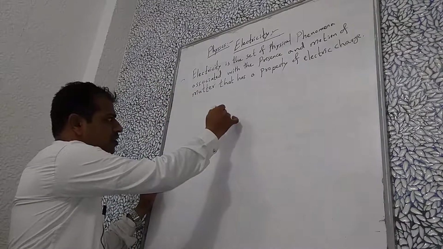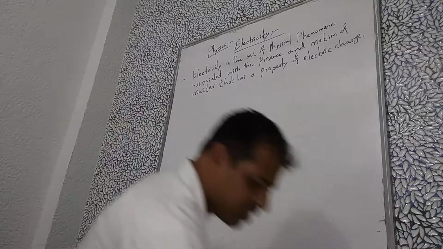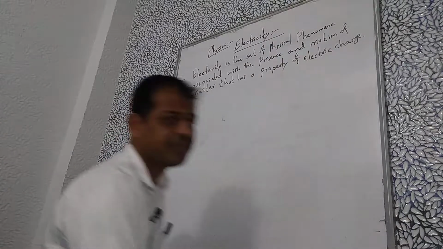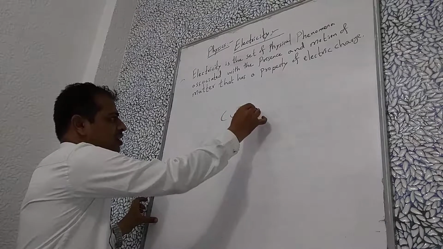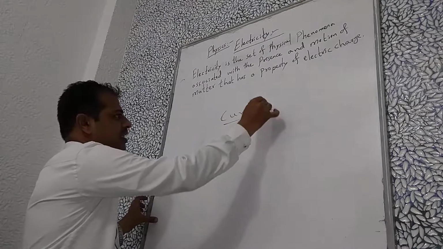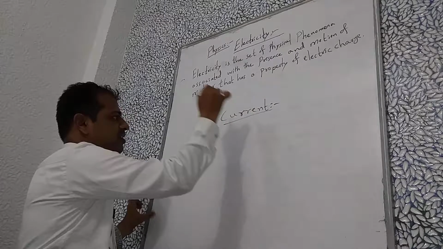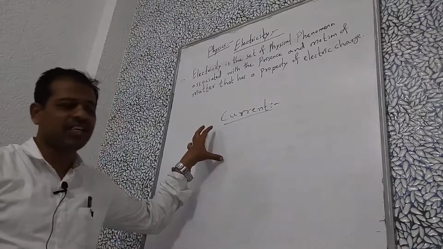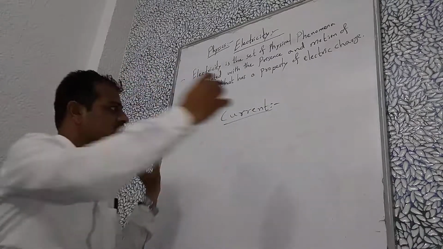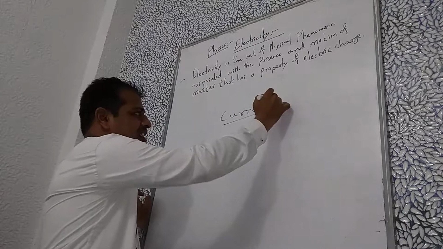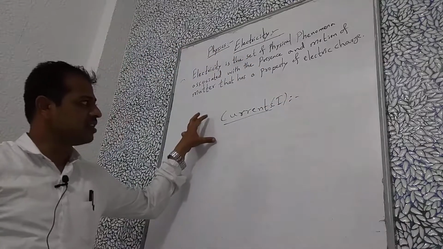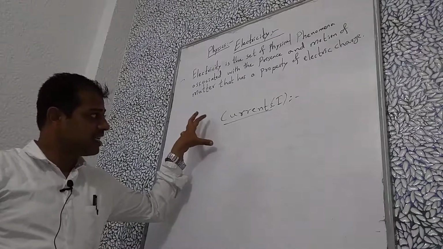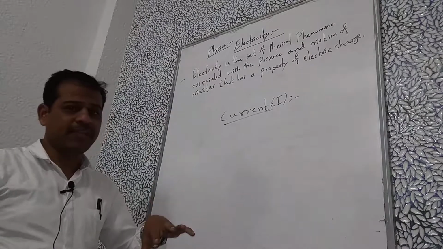The very first term is electric current. Generally we call it current or electric current. It is denoted by the symbol I. Electric current is constituted when electric charges flow through a circuit.